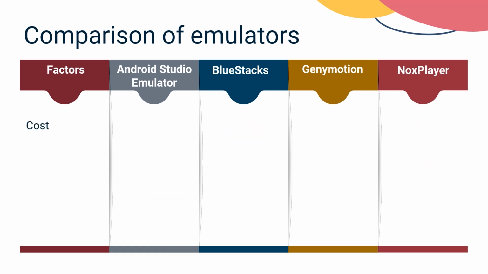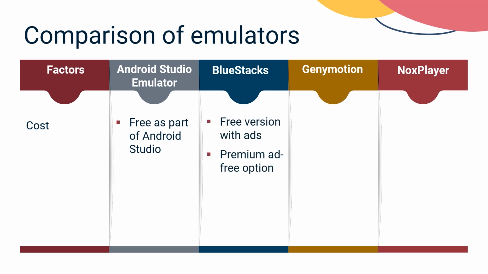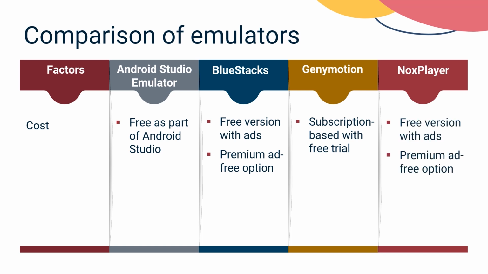In terms of cost, the Android Studio emulator remains free as part of Android Studio. BlueStacks offers free versions with ads and premium ad-free options. Genymotion operates on a subscription basis but offers a free trial. Nox Player also provides a free version with ads and a premium option to remove ads.